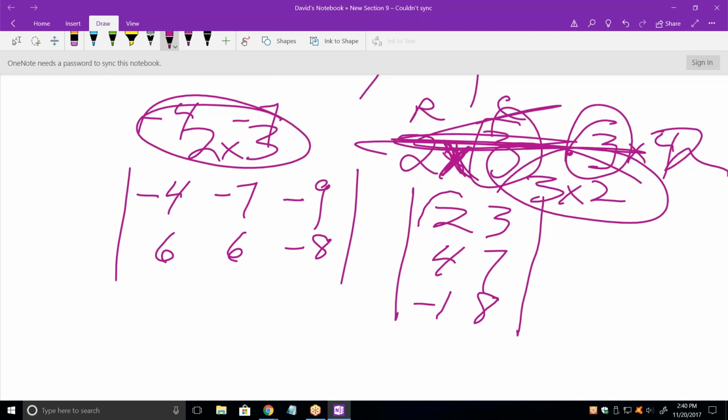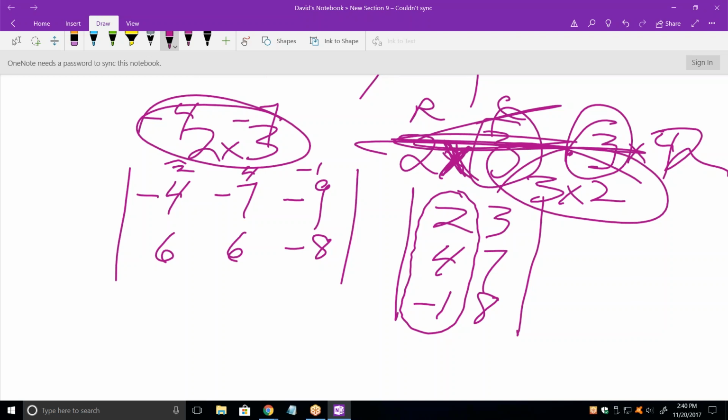I take that whole first column, lift it up, rotate it 90 degrees left, and place it over the top of the first row, and multiply it together. So I'm putting the 2 there, I'm putting the 4 there, and I'm putting the -1 there.